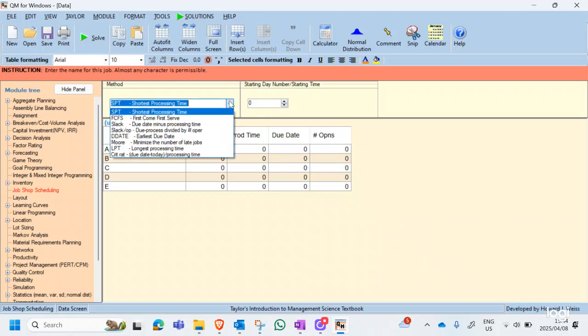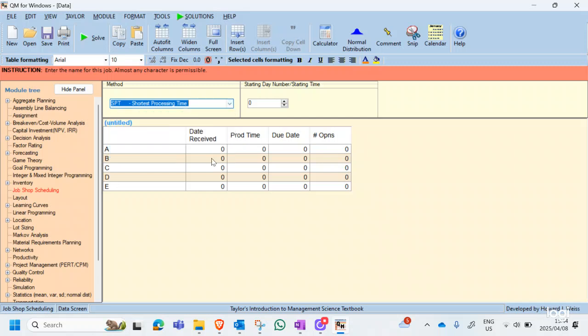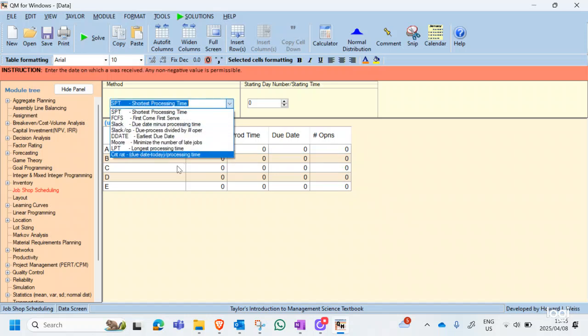OPNs, I'm not sure what OPNs are, but I'll assume these are our critical values that we use, because this needs to be able to sort for us.